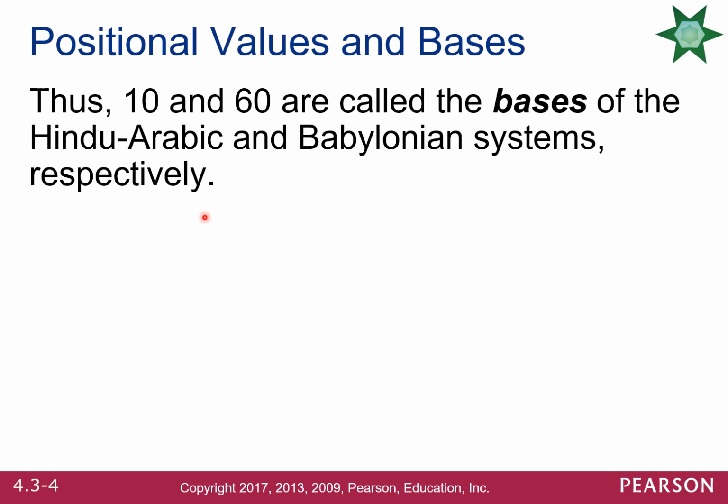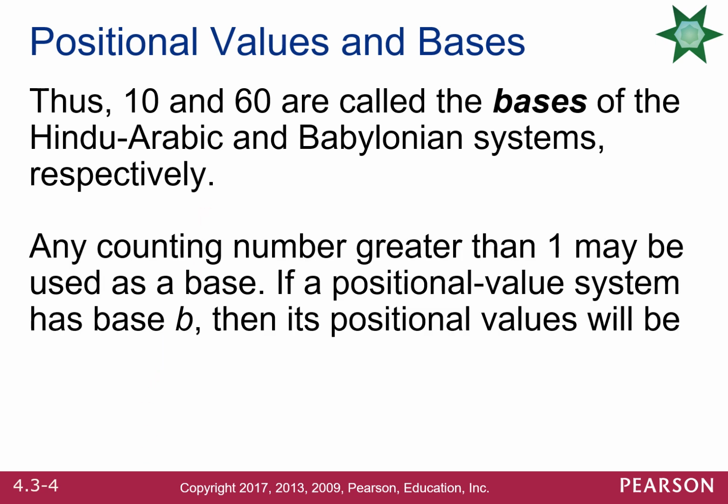This is what we just said in the previous slide. And then any counting number greater than 1 may be used as a base. It has to be greater than 1 though. If a positional value system has base b, then its positional values will be b to the fourth, b cubed, b squared, b, and then 1.